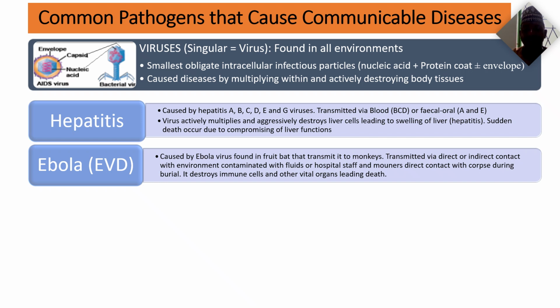And that is where the virus got its name, Ebola. It is named based on the first outbreaks that occurred near the Ebola river. Transmission of Ebola in humans is through direct or indirect contact with an environment contaminated with body fluid, or hospital staff and mourners when they have direct contact with the corpse, maybe during the burial.